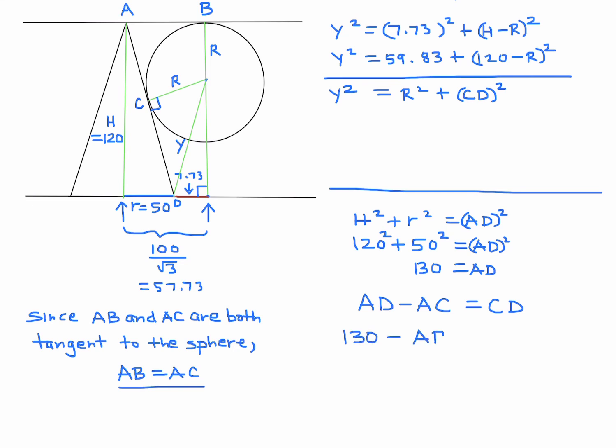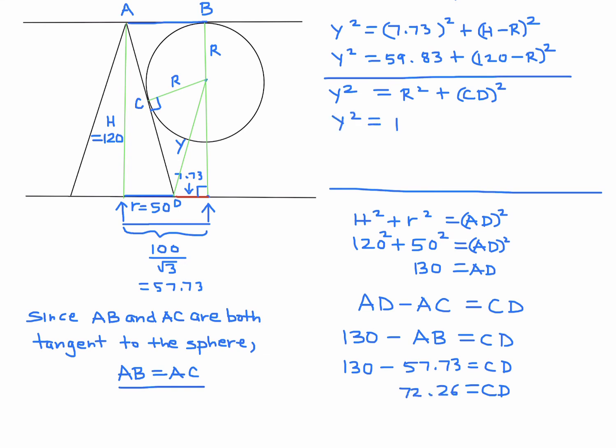AC is the same as AB. And AB, we know, is from here to here, which is the same as here to here, which is 100 over root 3. So 130 minus AB, which is equal to 100 over root 3, which is 57.73, is equal to CD. So therefore, the numerical value for CD is approximately 72.26.